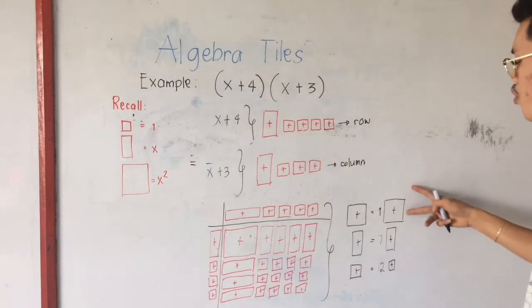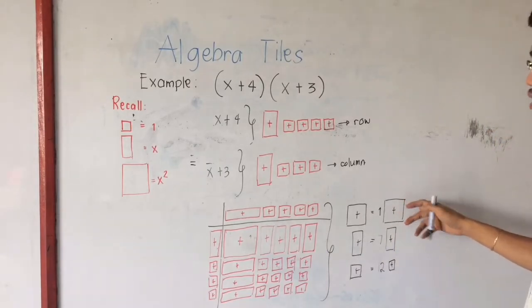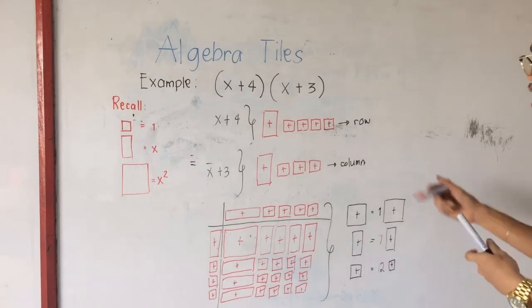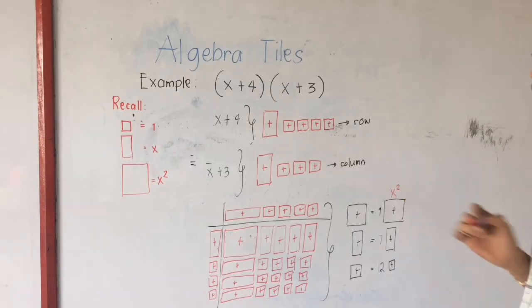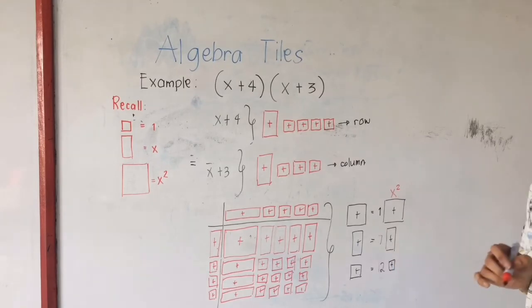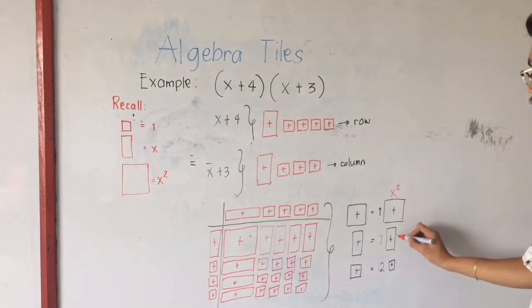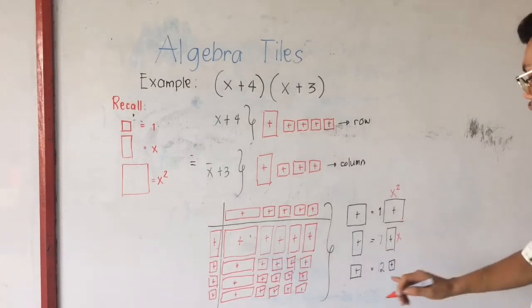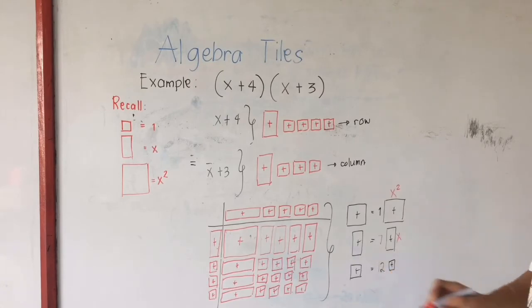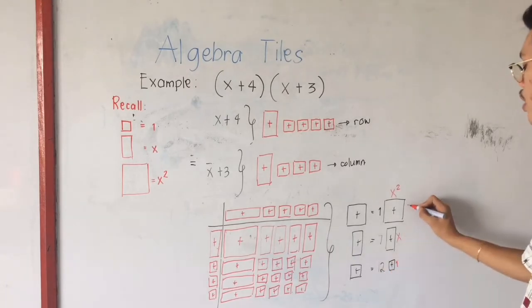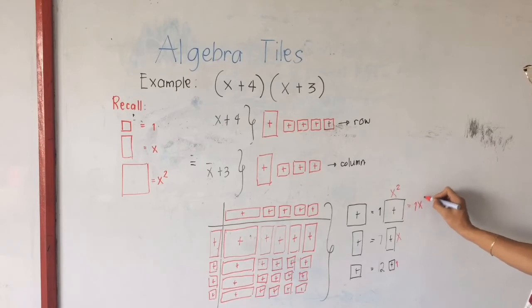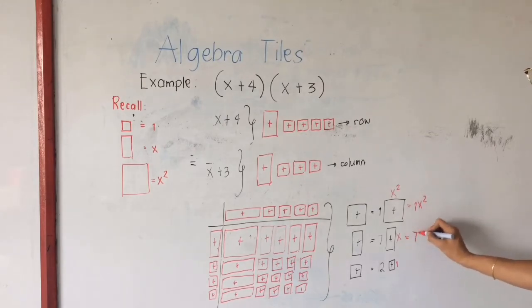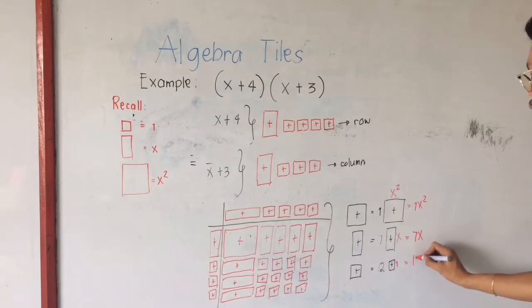So as we all know, the big square represents x squared. The rectangle represents your x. And your small square represents 1. So we have 1x squared plus 7x plus 12.